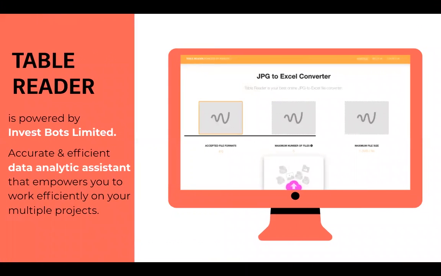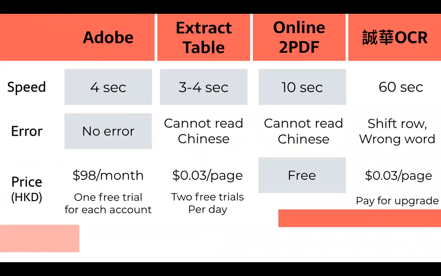Table Reader is powered by Invbots Limited, and it is an accurate and efficient data and analytic assistant that empowers you to work efficiently with multiple projects. Here you will see our layout on the right-hand side of this PowerPoint. Before going into the main features of the product, let's take a look at what you can find on Google.